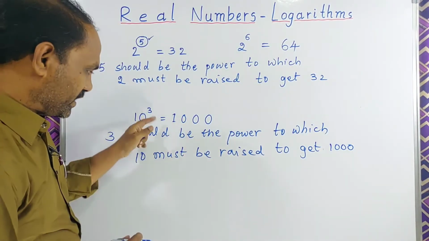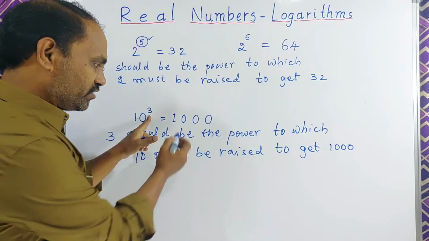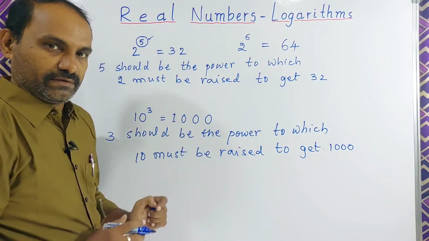Means when you write exponent 3 here, then only you will get 1000.